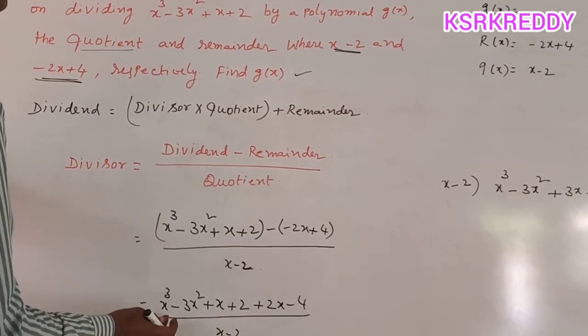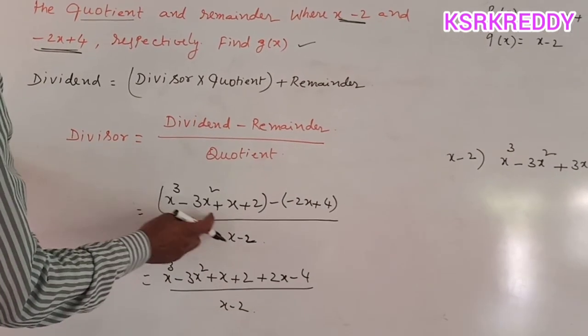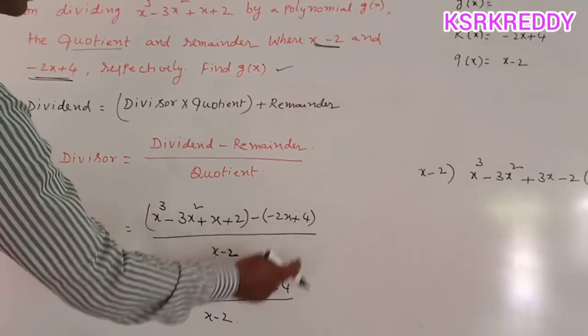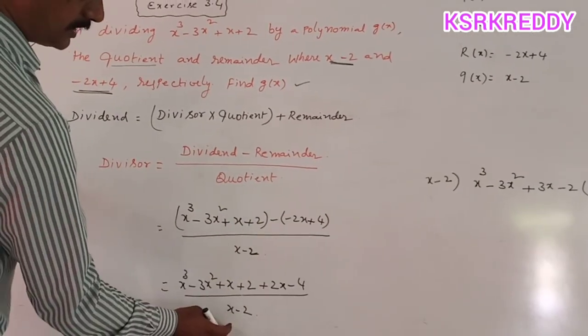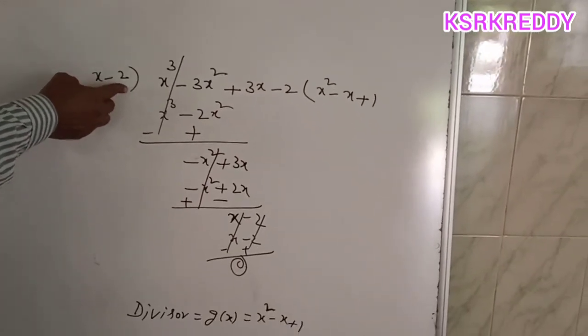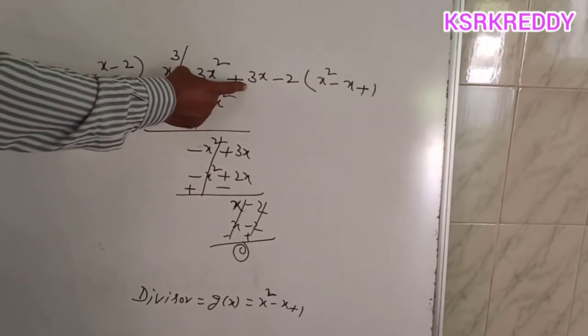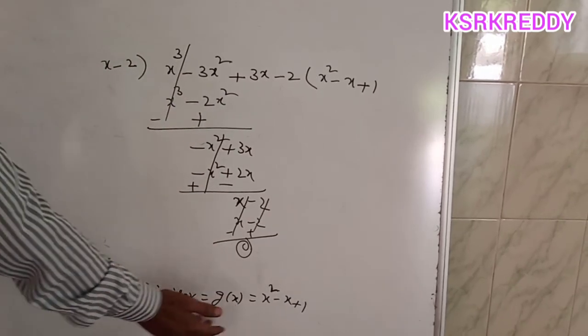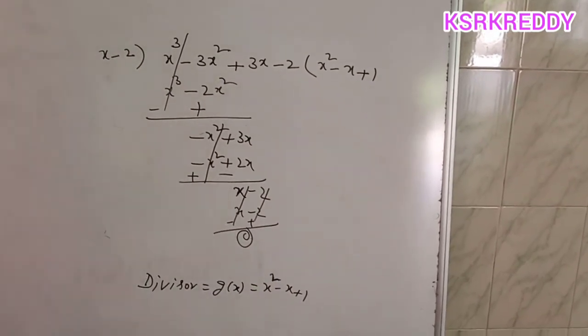So simplify this: x cube minus 3x square plus x plus 2, minus into minus is plus 2x, minus into plus is minus 4, by x minus 2. x minus 2 is the divisor, this is the dividend. Then find out this value. So the divisor, g of x, equals x square minus x plus 1.